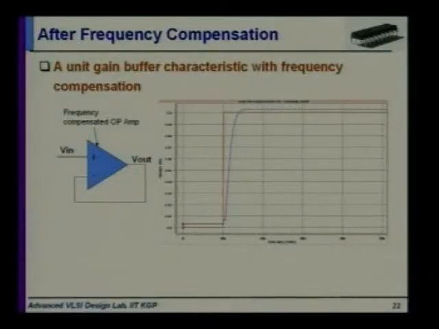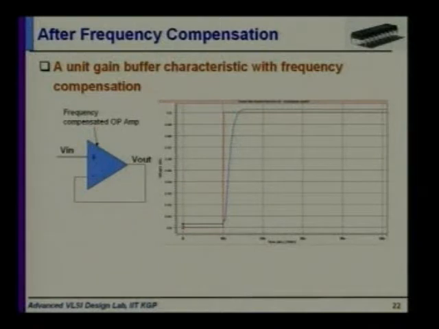Without compensation, an uncompensated op amp will give some oscillatory behavior, and when we add compensation, this is a stable op amp. At the input, Vin, at the positive side, we apply a large signal, and the output will track this input.